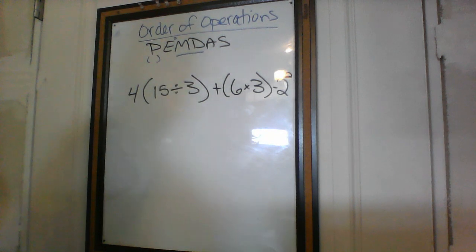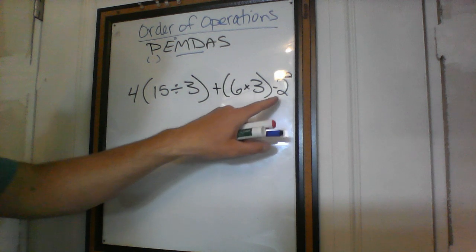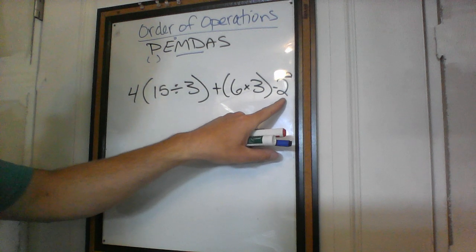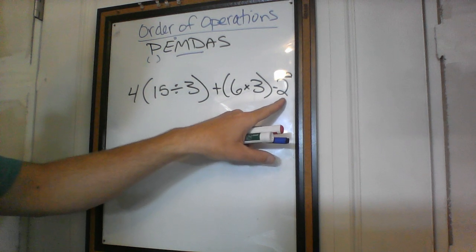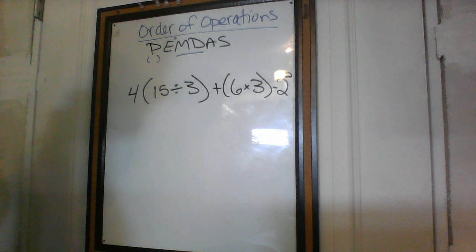Okay, go ahead and pause the video. And that is minus 2 squared if you can't see it with the glare. So go ahead and pause the video, see if you can solve for that answer. Time to check your work.